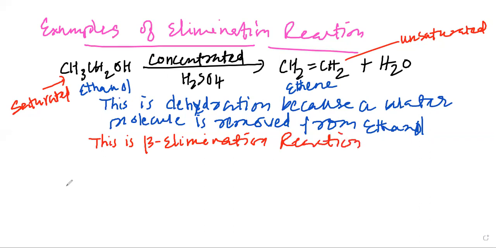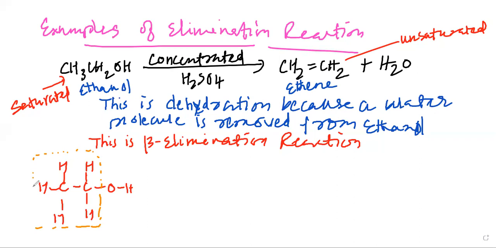So let us study this beta elimination reaction, my dear students. You can see I am going to draw ethanol for you. This is ethanol. You can see in this ethanol there are two parts. This portion we call the skeleton, and this portion we call the functional group.